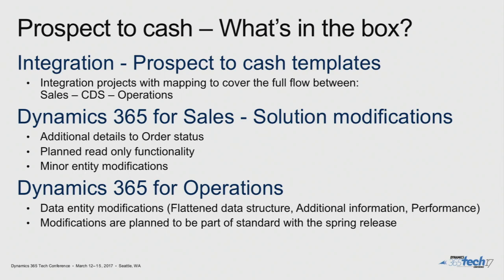For Dynamics 365 for operations, we have made, I think you can concur, a lot of data entity modifications. We have created new entities. We have modified them. We have tried to flatten the data structure. We have additional information added. We have performance improvements and a lot of things going on there in the about 10 entities that we are touching in AX.